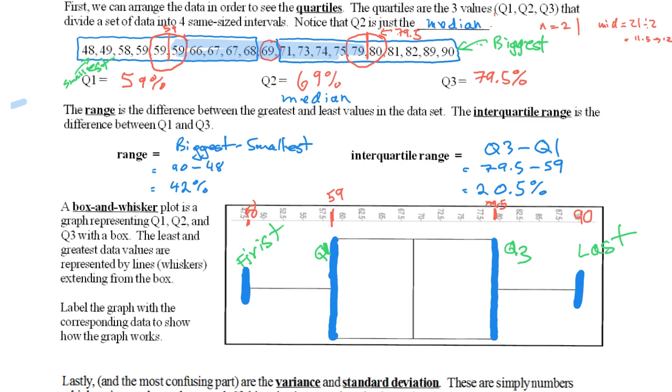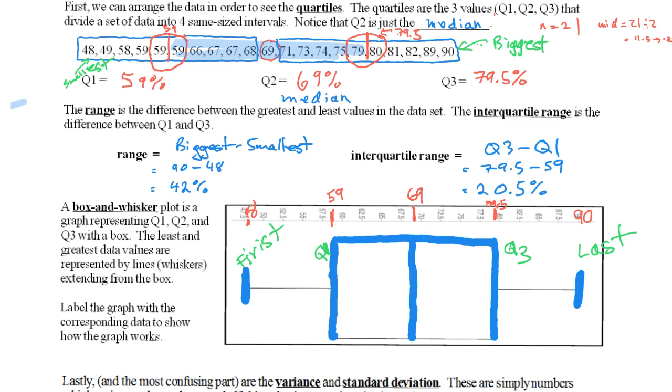And then we just have to put in our median for the entire set. So I'm just going to put that there. And our median for the entire set is 69. So at 69, here's what we do. I draw a big line which matches those other two, and I put a box around it.